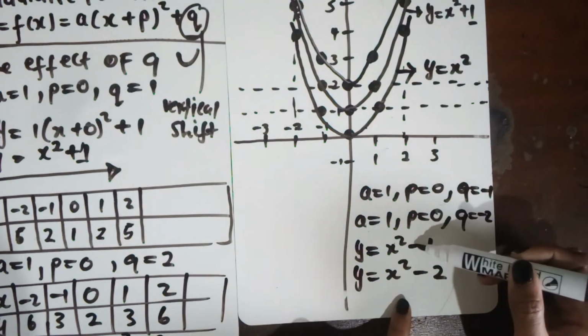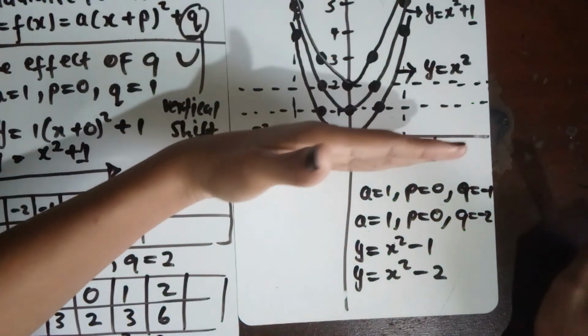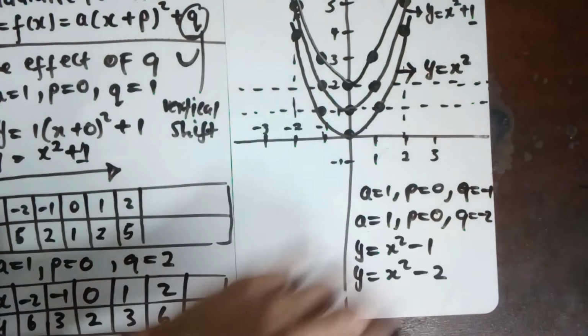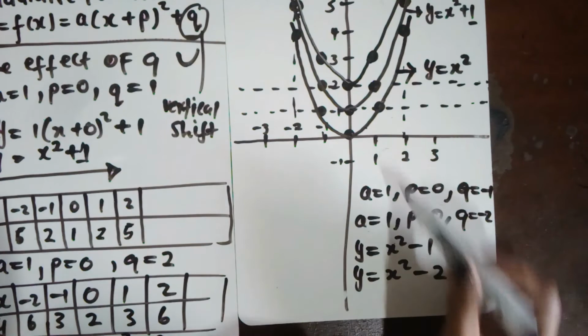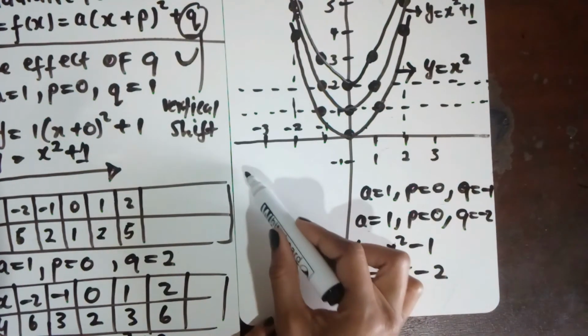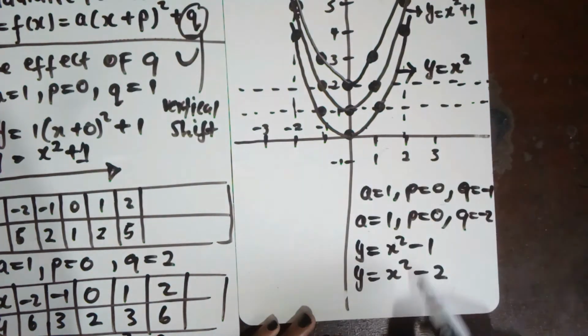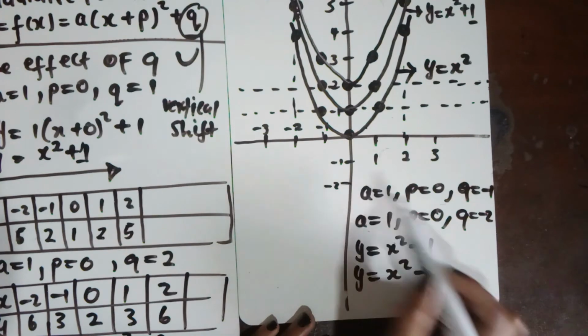If this value is negative, it means that your graph is going to drop. Because a is still positive, it's still going to face up, but it's going to go down from the original by 1 point downwards. If it's 2, it's going to go down by 2 points downwards.